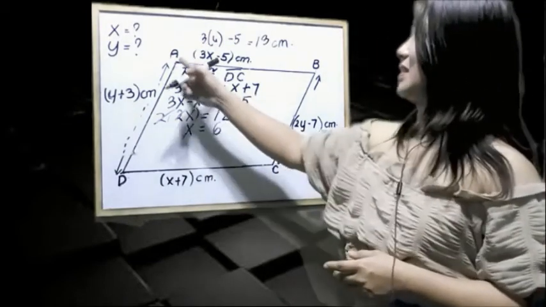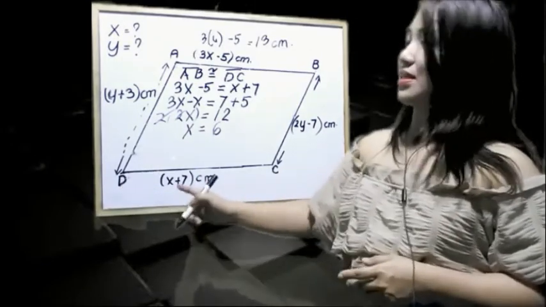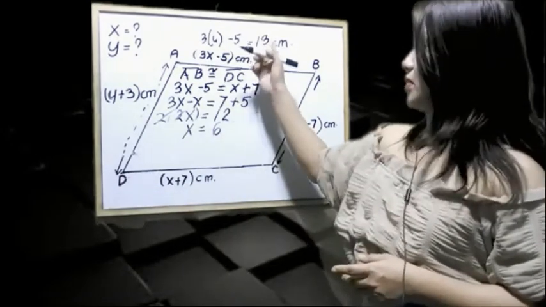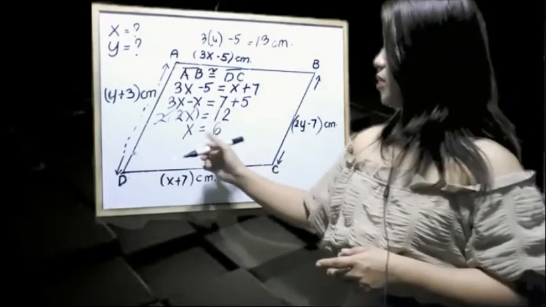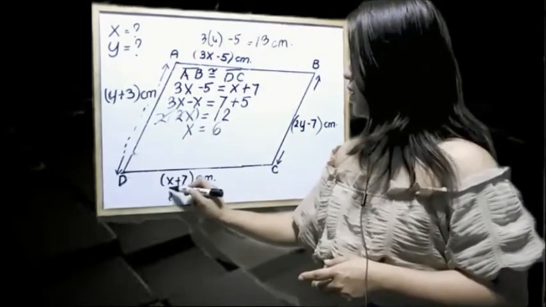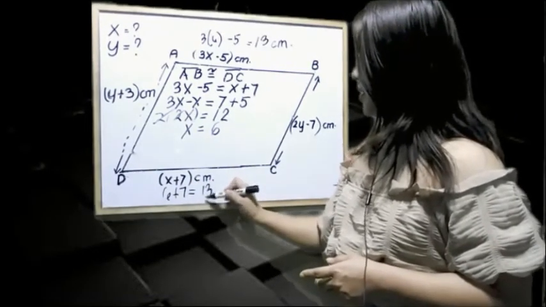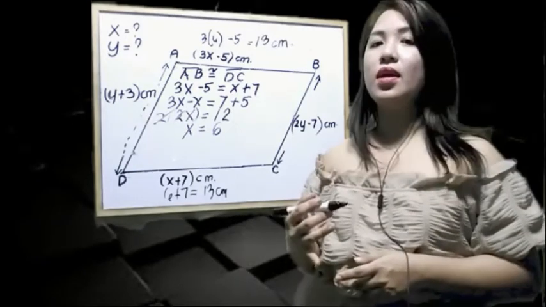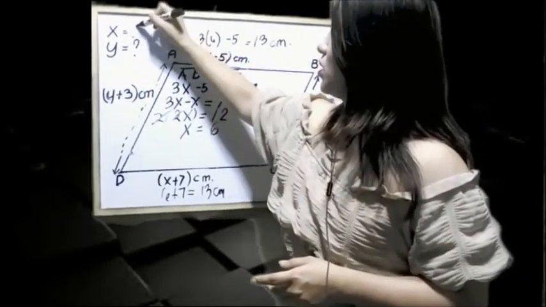Since line segment AB is congruent to line segment DC, this x plus 7 should be equal to 13 centimeters. And it has the x variable, which we can substitute the value of x, which is 6. So that will be 6 plus 7 will give you 13.